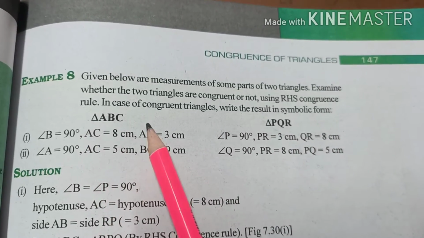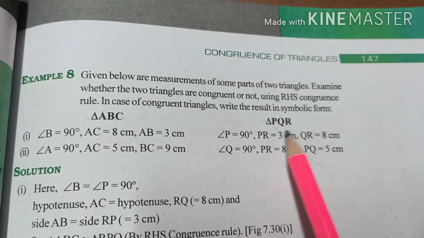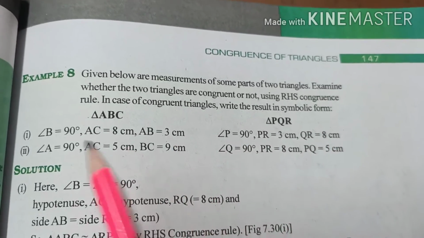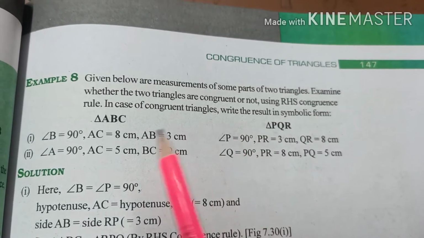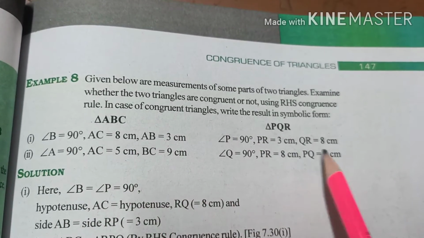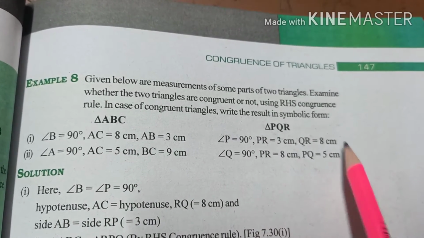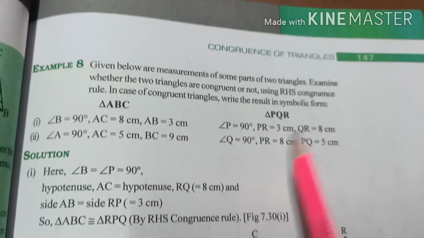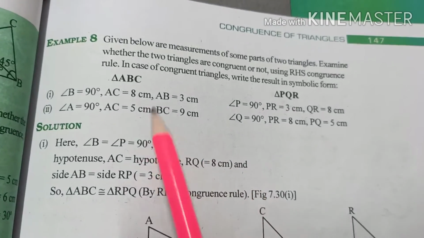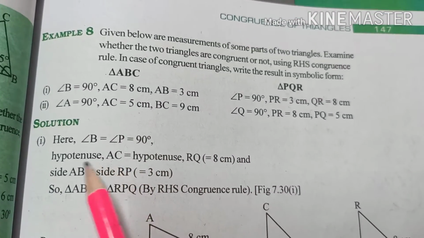For triangle ABC the measurements are given, and for triangle PQR the measurements are given. First, angle B is 90 degrees, and here angle P is 90 degrees. AC is equal to 8 centimeters, and here QR is equal to 8 centimeters. AB is 3 centimeters, PR is 3 centimeters. Here, which is the hypotenuse that you have to consider?